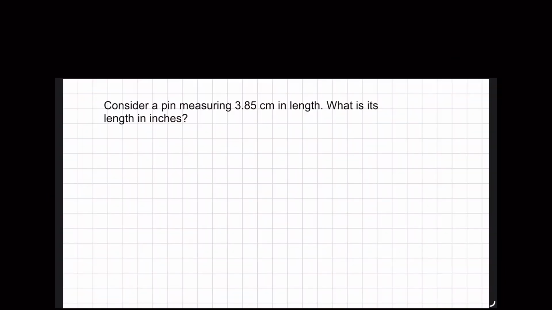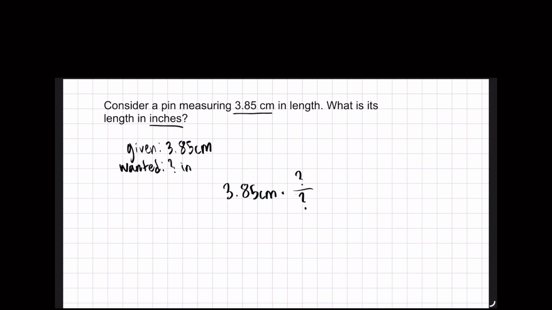Let's start simple. I'm given 3.85 centimeters, and I want the length in inches. Now, according to our formula, we multiply by a certain value.